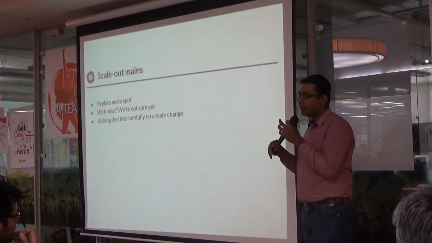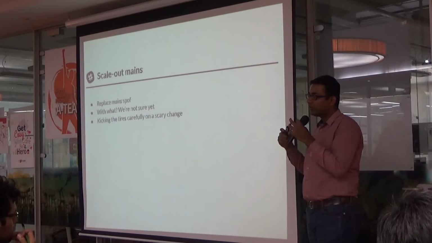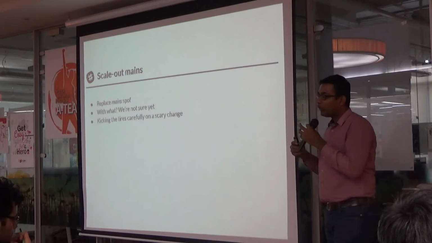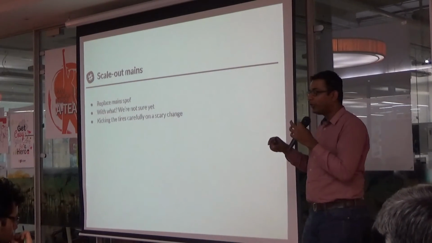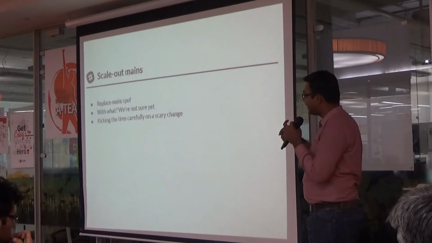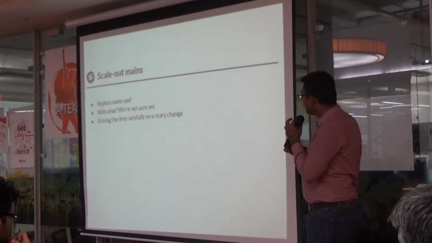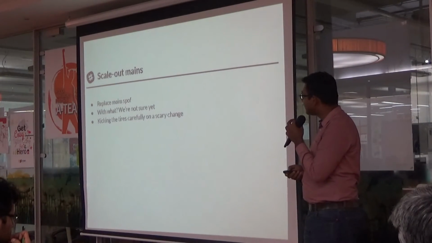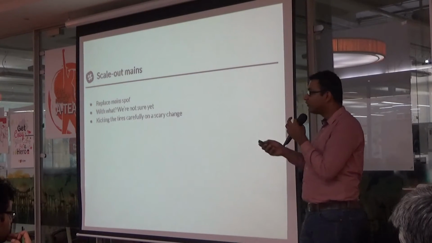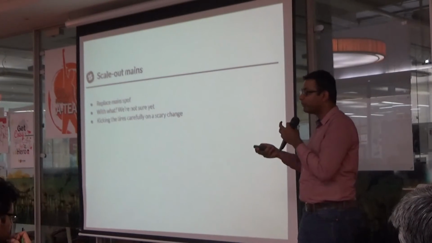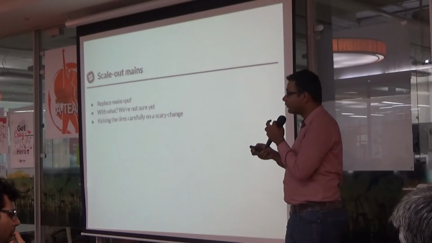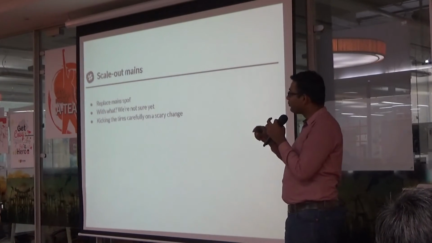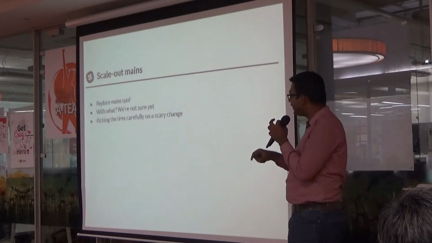So even if mains fail, for some time most of the users will be serviced by the cache itself. And obviously they limit the rate at each point, so they limit the rate at mains as well. So this is not one of the priorities at this point of time, but going forward they are planning to do something like this if things work out. And obviously it would always be very difficult to move from one type of database to another for a thing which is already a single point of failure.